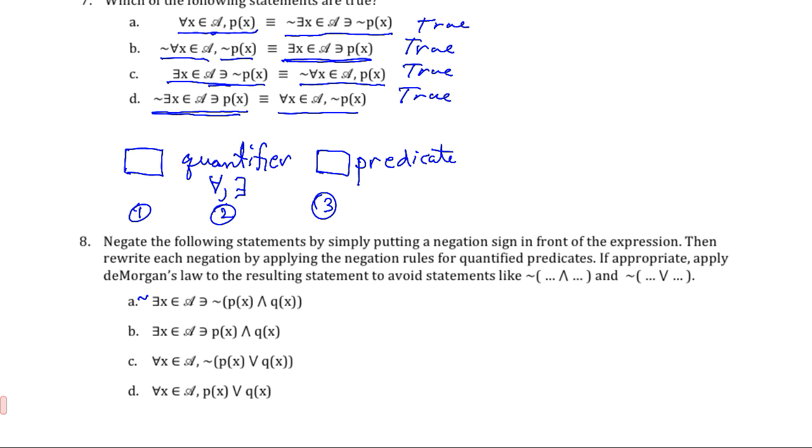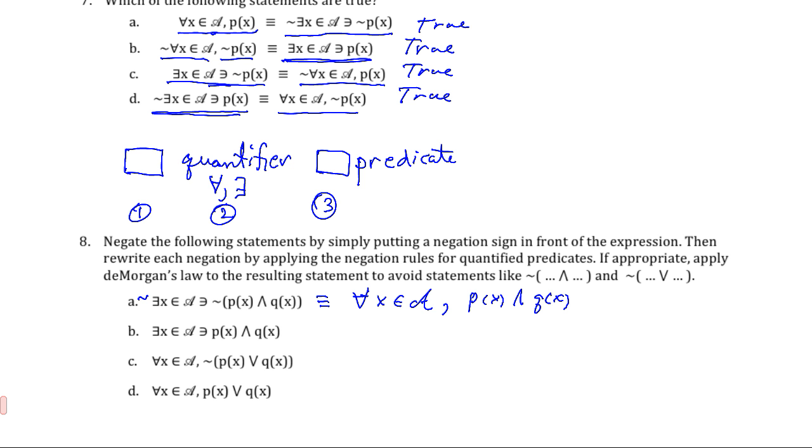If I'm going to negate it here, then that's equivalent to for all x in A, and then I have a double negation, P of x, which goes away, and Q of x. So I followed that rule.